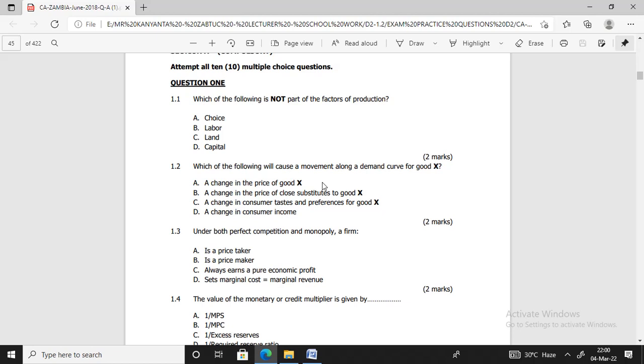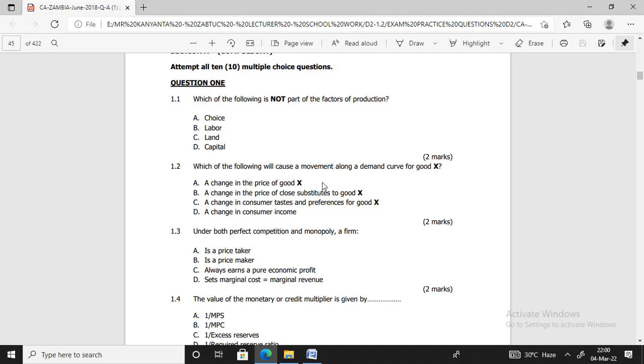At the point where marginal cost equals marginal revenue, that's the profit maximization point. All firms under perfect competition will have the profit maximization point, and that's the point where marginal cost equals marginal revenue. Monopolies will also have profit maximization points where marginal cost equals marginal revenue, and that's the point at which both firms will wish to operate.